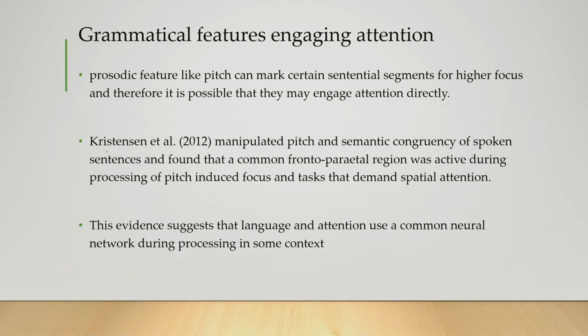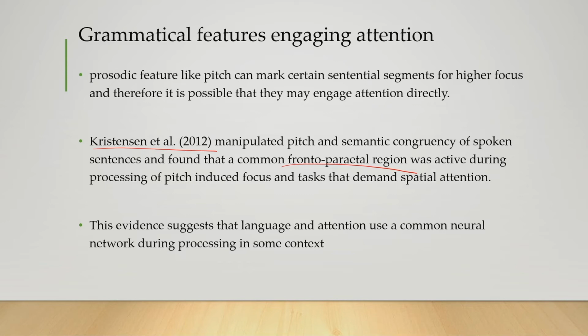There has been a particular study in 2012 that manipulated pitch and semantic congruency of a spoken sentence and found that a common frontoparietal region was active during processing of pitch induced focus and tasks that demand spatial attention.